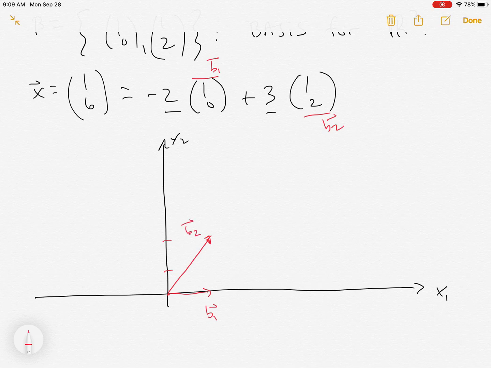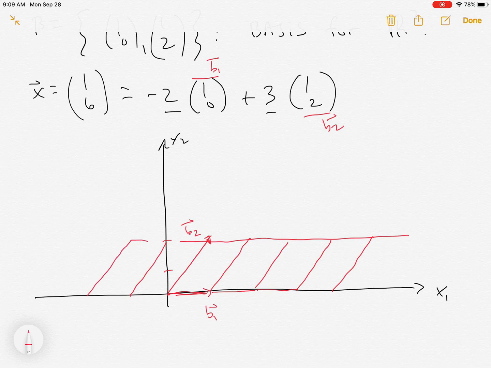But we're playing the same game. We're basically saying I can only move to the right and diagonally. And that's okay. We just keep doing this. Here goes another one. Like that. Another one. Like that. And so, well, this is actually our graph paper, isn't it? This is the B1, B2 graph paper.